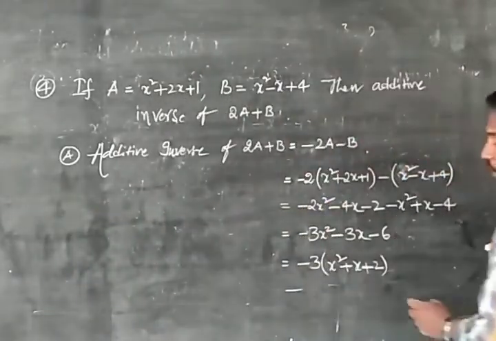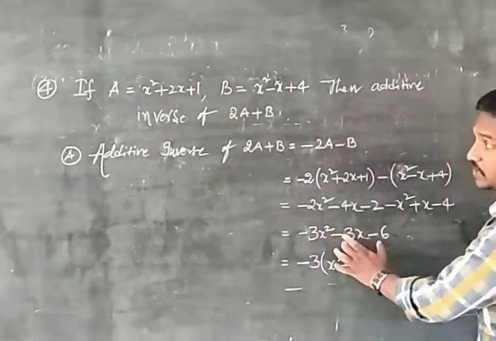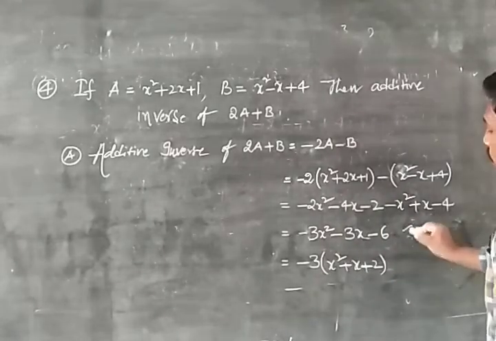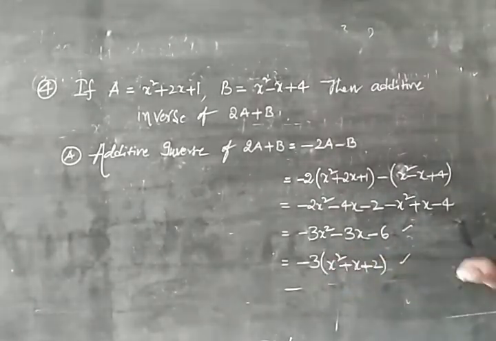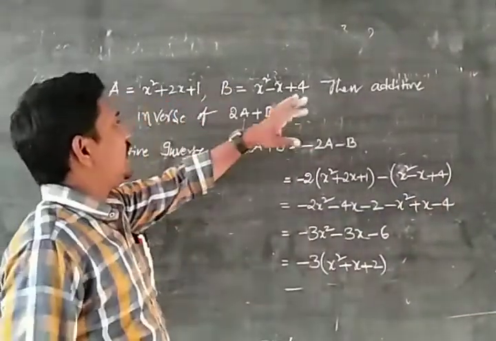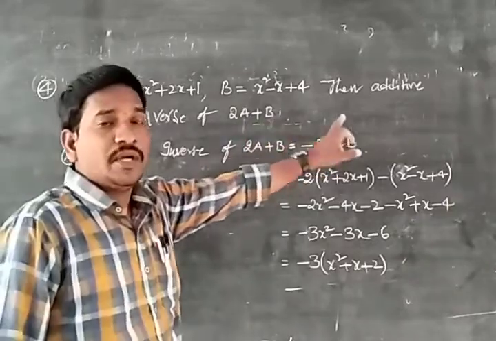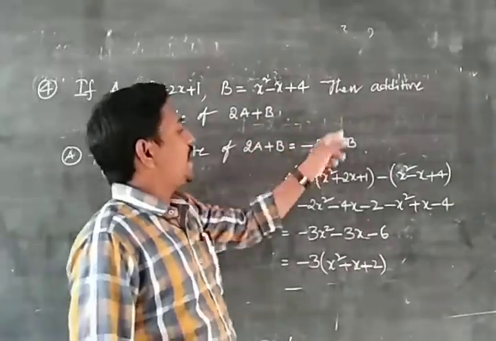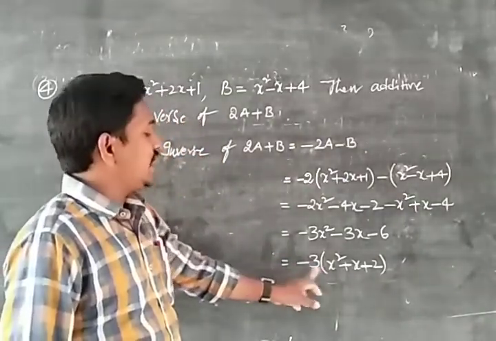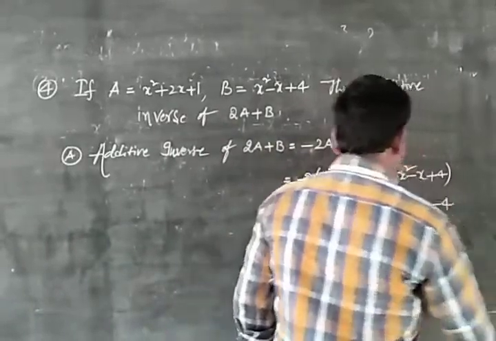In your options this one is given and this one is also given, so this is a multi-correct type. You can write any one. A and b are given, we have to find the additive inverse of 2a plus b, which is minus 2a minus b. After substituting, we get minus 3 into x square plus x plus 2. Right.